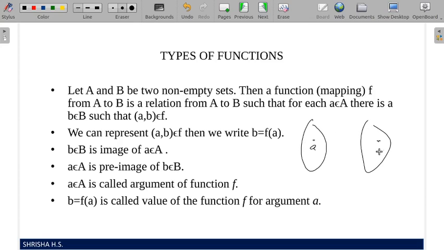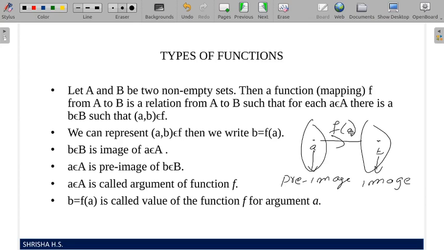Apply the function f of A and you will get B here. So B will be the image, and A will be the pre-image.